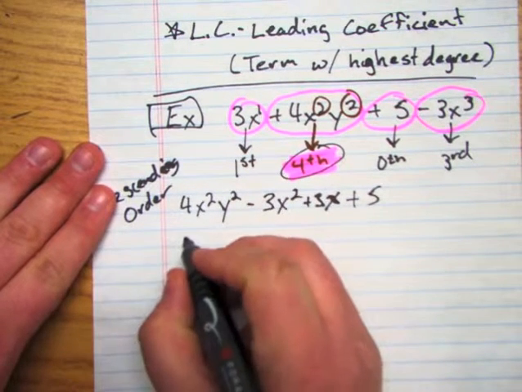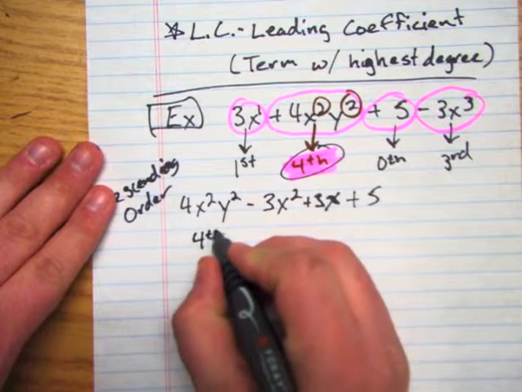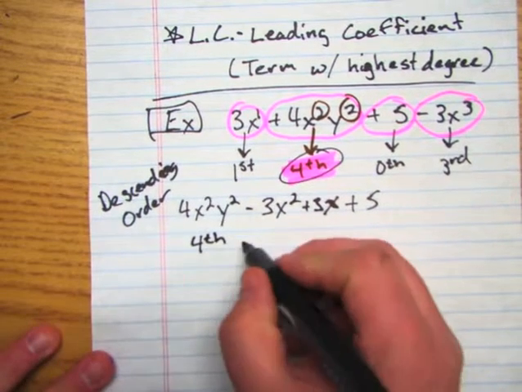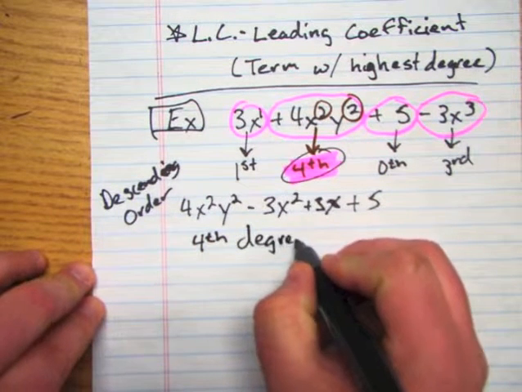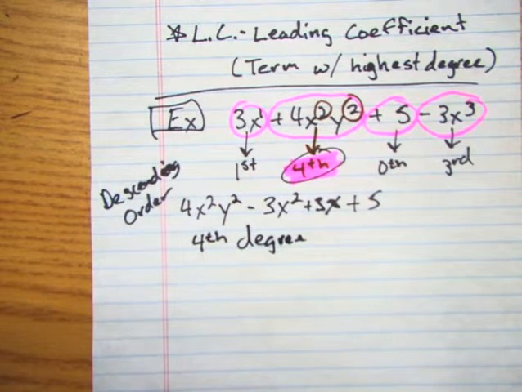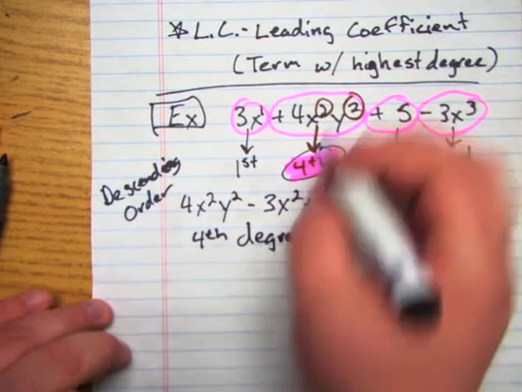Okay, so this is a fourth degree. Now how many terms do we have? 4. Now we know that, and let me write this down.